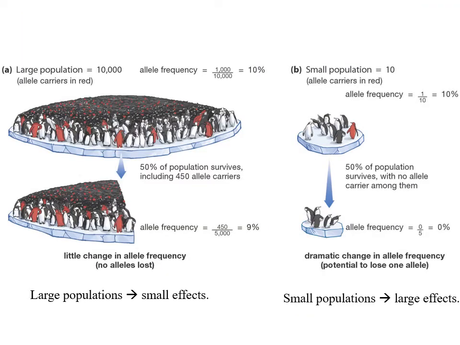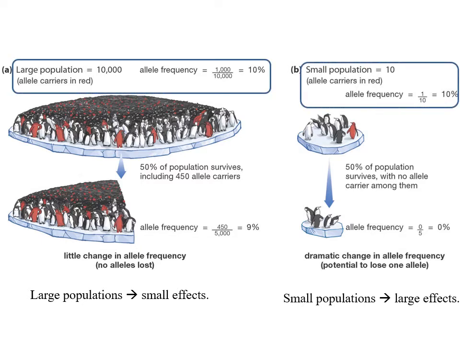Now let's compare a very large population and a small population of penguins. At the beginning, for both large and small populations, the allele frequency for the carrier that shows the red phenotype appears to be 0.1 or 10%.